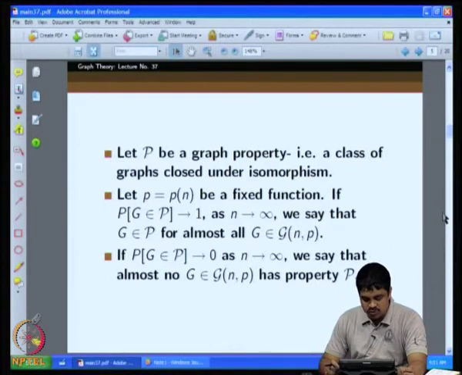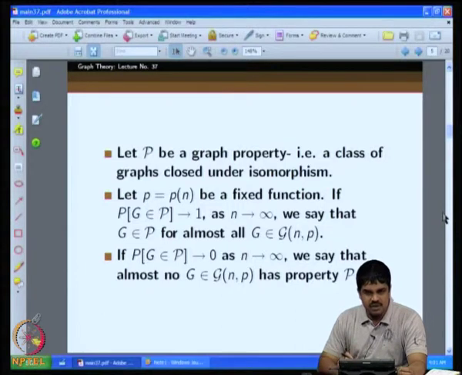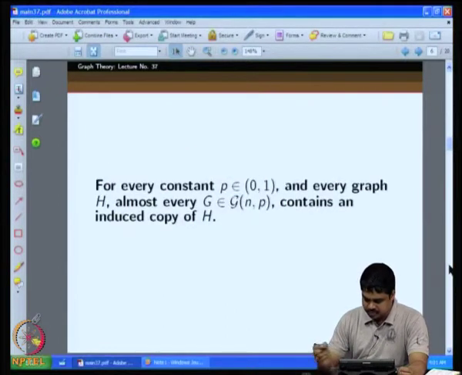Then we will say that almost no graph G in G(n,p) has property P, or almost surely G does not have that property, right. So, this is a common terminology that we use in this area of random graphs. Almost surely some property is there, or almost surely it does not have the property.